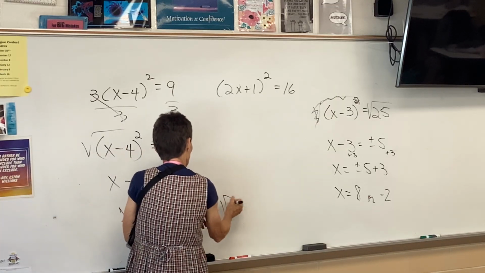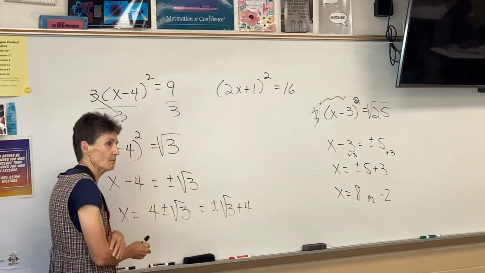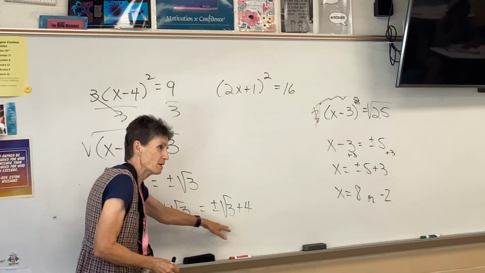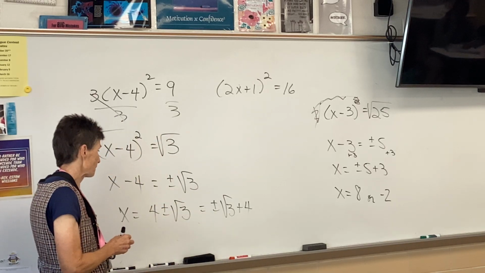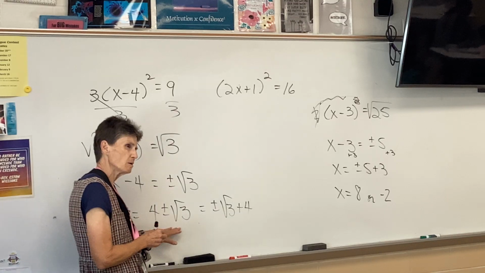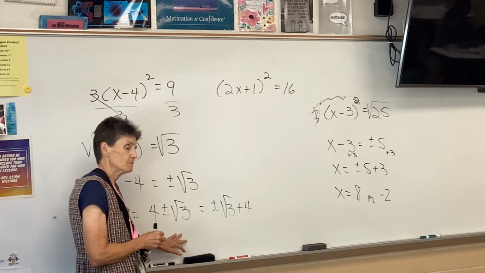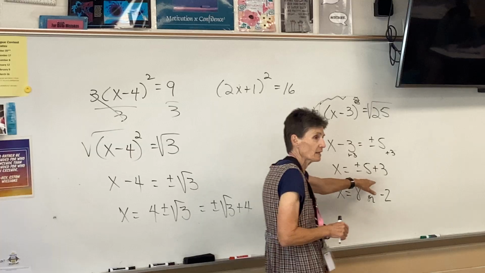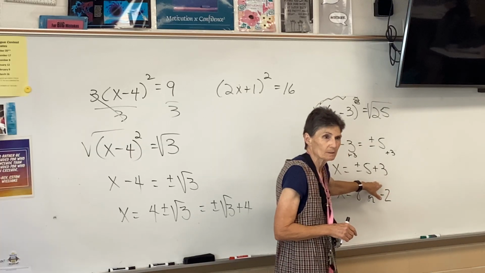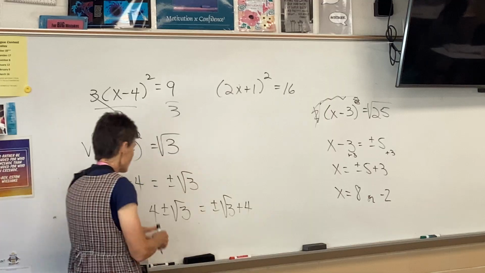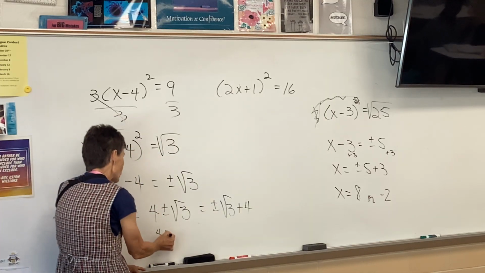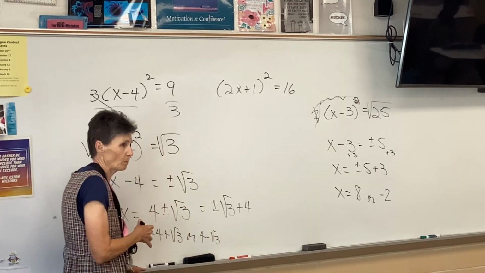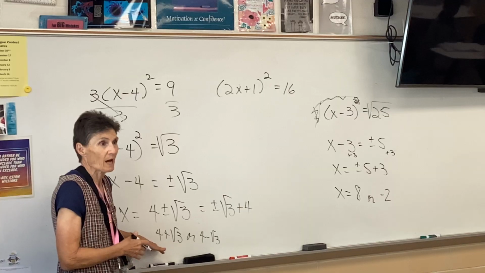You might have put the 4 last. It doesn't make any difference. These are the same thing, right? No matter where you put that 4. Does that simplify at all? No. So you are allowed to leave it like that. The previous one, remember, I wouldn't let you leave like this because that could be simplified. This one doesn't, so you're welcome to leave it like that, but you could also, if you wanted to, write them separately. Now, I don't know why you would want to do that, but if you wanted to, that's what you got, those 2 answers.